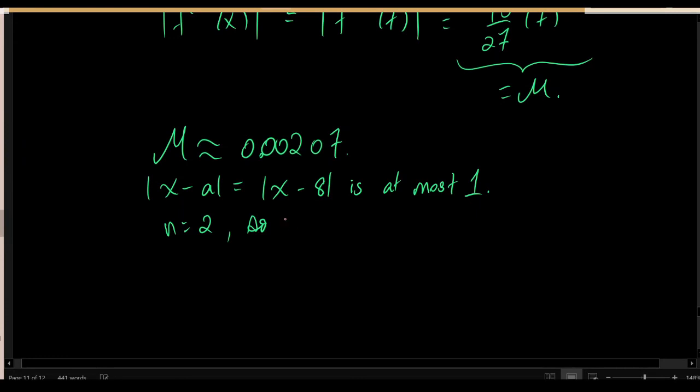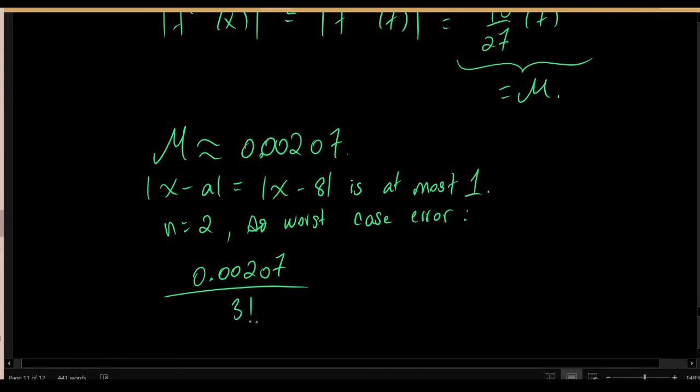So putting it all together, the worst case error is given by Taylor's inequality: the m, which is 0.00207, divided by n plus 1 factorial, 3 factorial, and then the max distance between x and the center, 1, raised to the power n plus 1, so raised to the power 3.